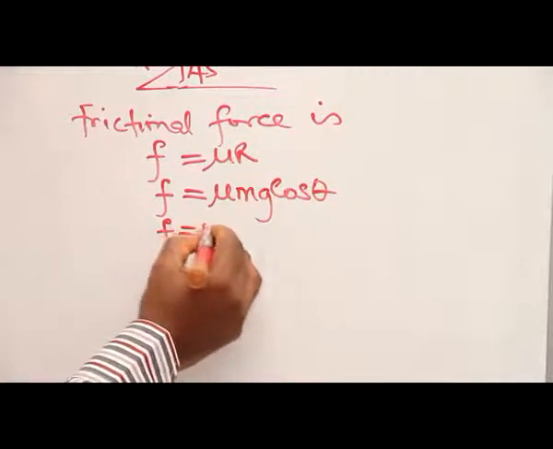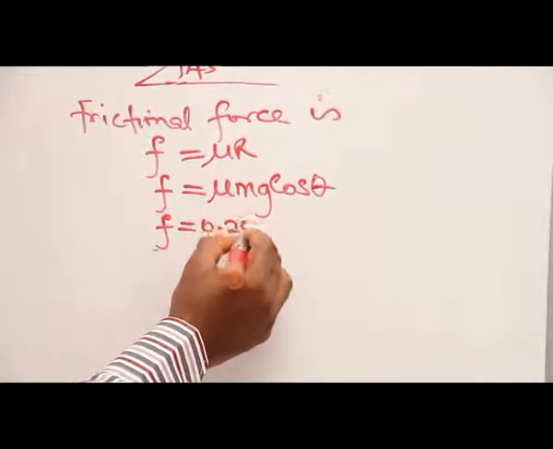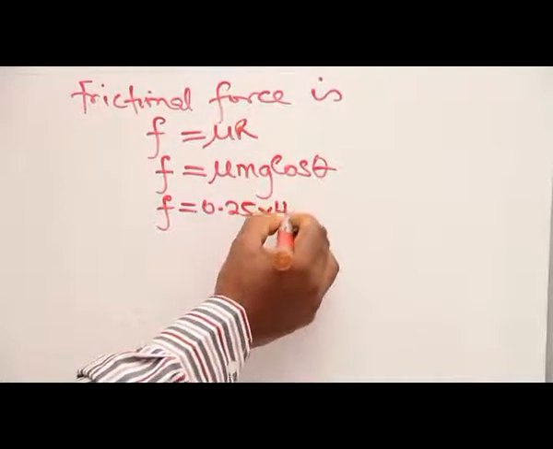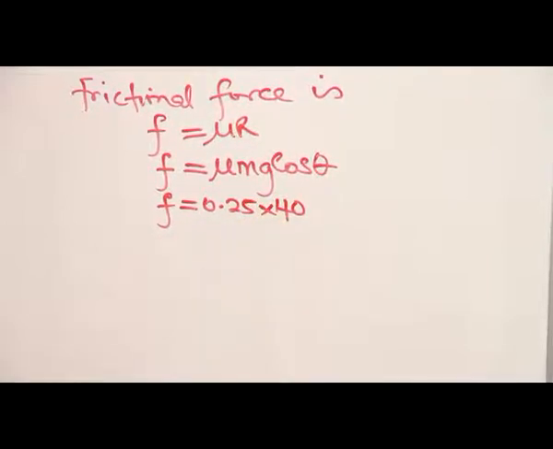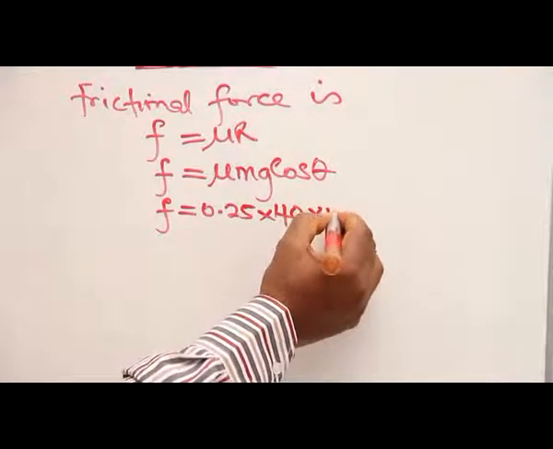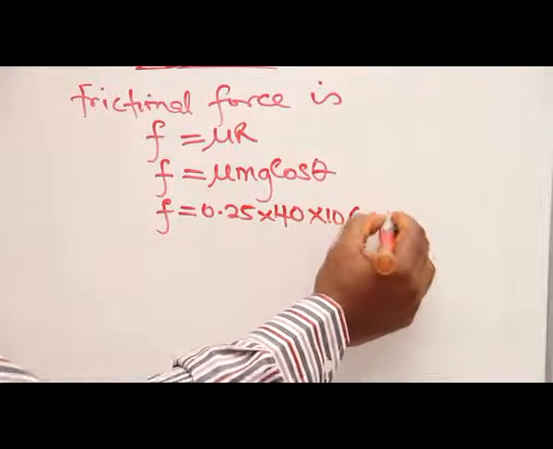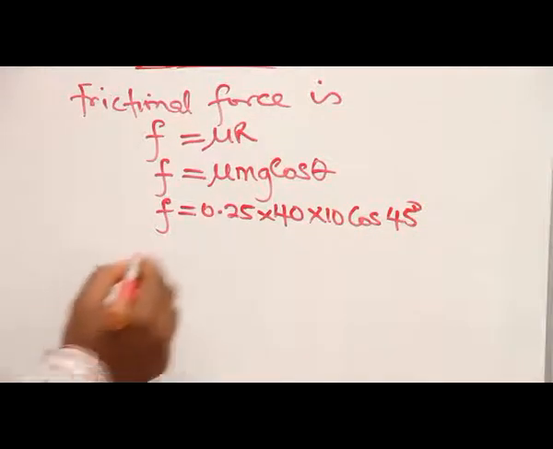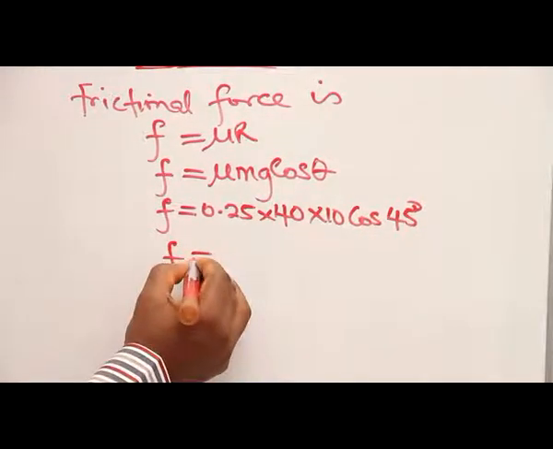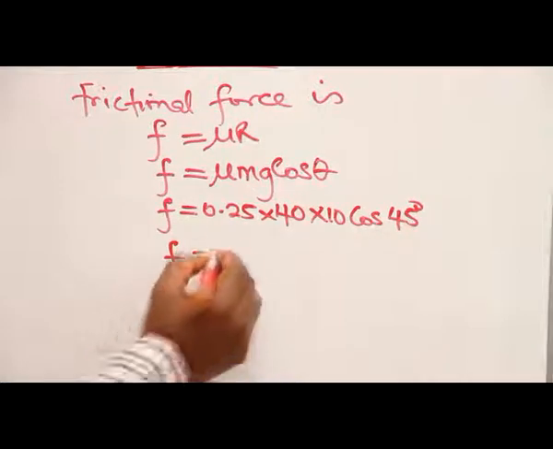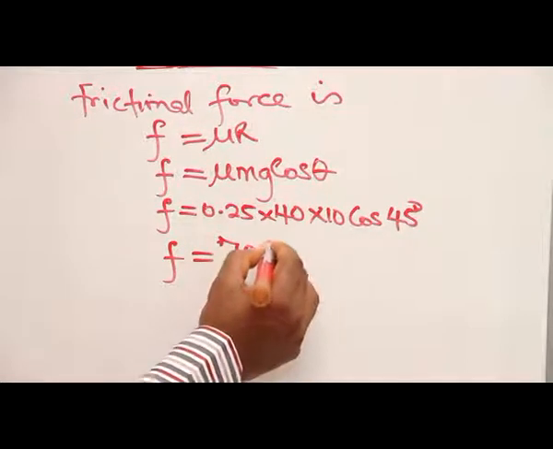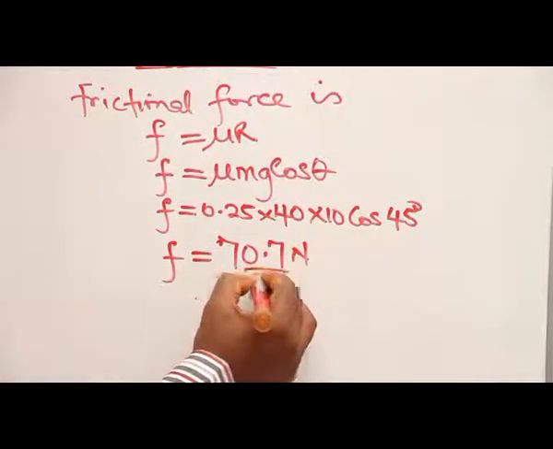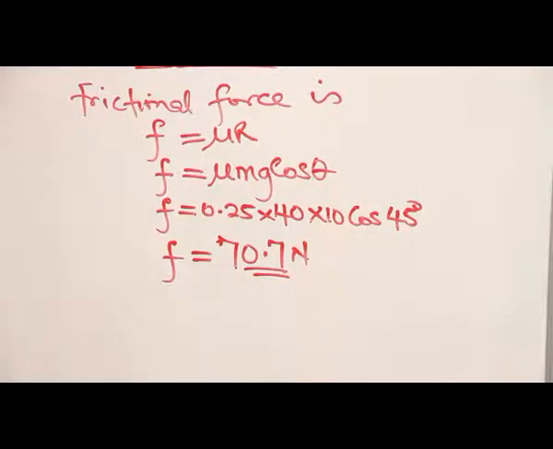So the friction will be 0.25 times 40, the mass of the crate, times acceleration due to gravity, cosine of angle 45. By the time we finish the calculation, we end up getting 70.7 Newton as the force of friction.